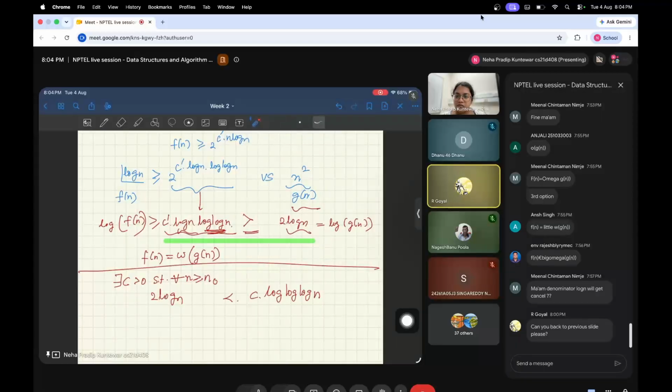So my only point here is that I don't have any other apprehension except that in case of the little o and the little omega, instead of this there exists, this should be for all C's. And for the big O and the big omega, that's absolutely fine. We just need to find one C for which this inequality holds true.